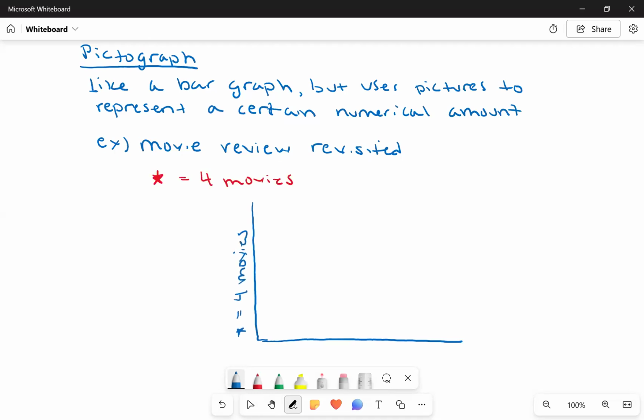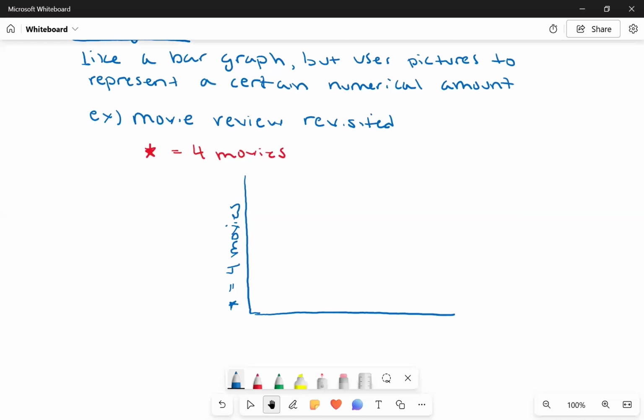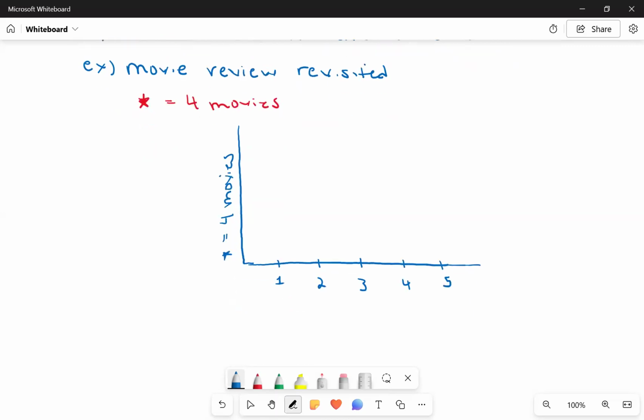Okay. Then they have the categories. So we had the 1 star, the 2 star, 3 star, 4 star, and 5 star. And here I'll label this axis as number of stars for movie rating.